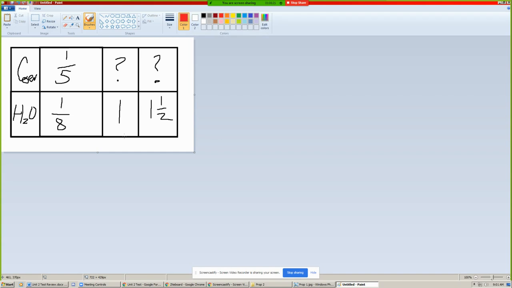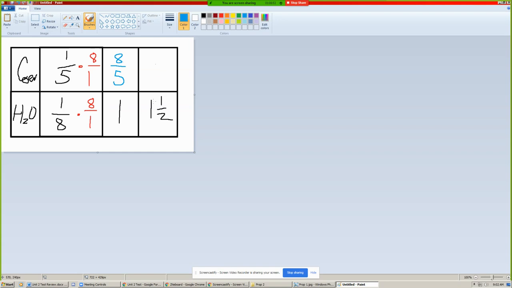Okay, so again, we're multiplying by reciprocals, right? 8/1. So if we multiply by it there, we've got to multiply by it here, 8/1. Okay, we end up with 8/5.